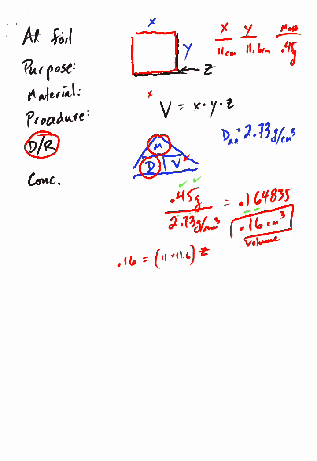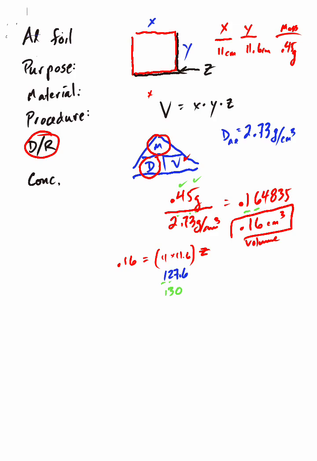So let's go ahead and get those calculations. 11 times 11.6 equals 127.6. Since I have 2 sig figs times 3 sig figs, I can only have 2 sig figs. So I have to stop here, and my answer is going to be 130.